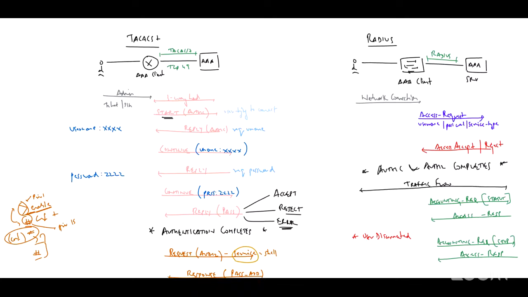Okay, so authentication and authorization happen at the same time in RADIUS. So you don't get the same level of granularity that you get with TACACS+ here. Another reason why RADIUS is not used for device administration. You can use it, okay, for network access.